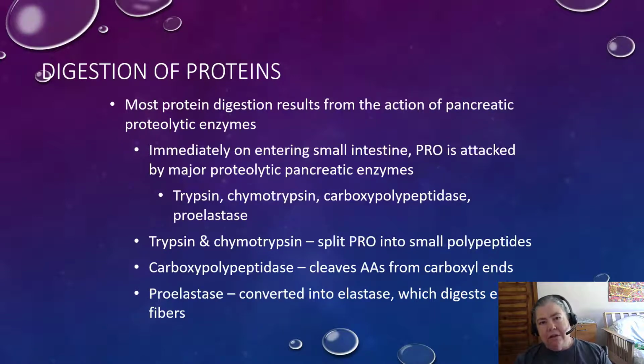So we are digesting collagen, we are digesting elastin, which are in animal products and meat, and we are digesting other proteins down to smaller chains, polypeptides, and amino acids.